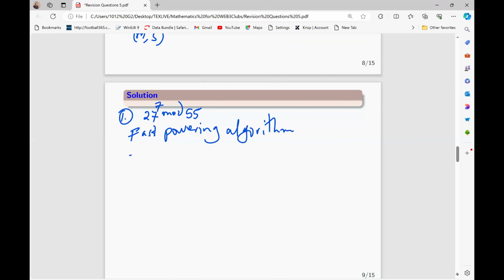What is 27 raised to 1, mod 55? This will be 27. What about 27 raised to 2, again mod 55?